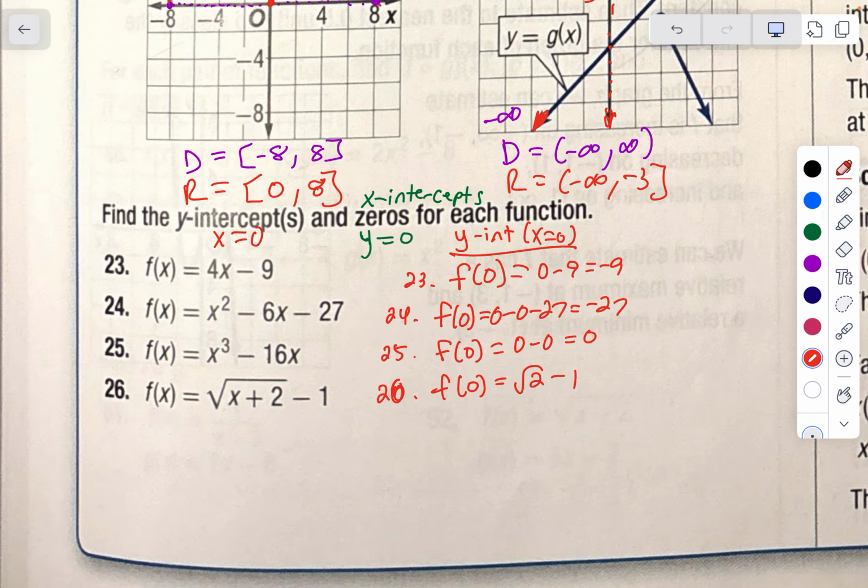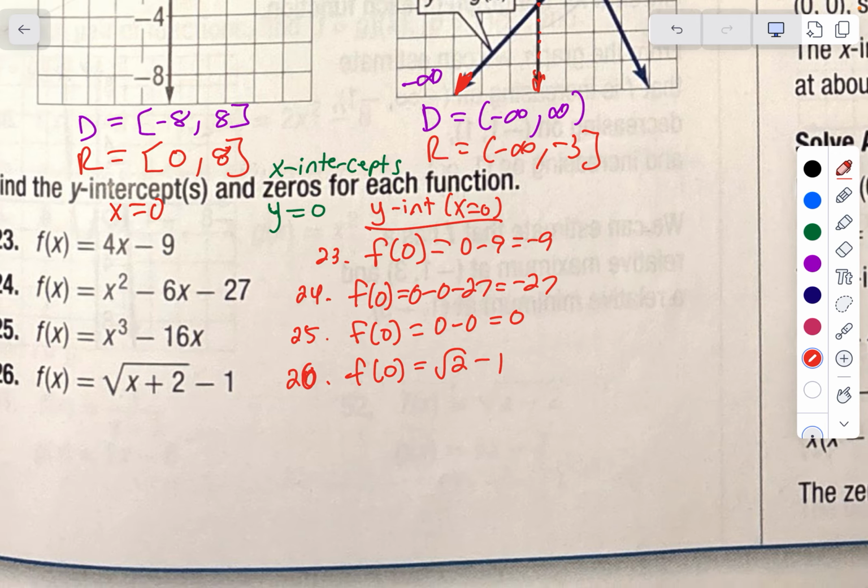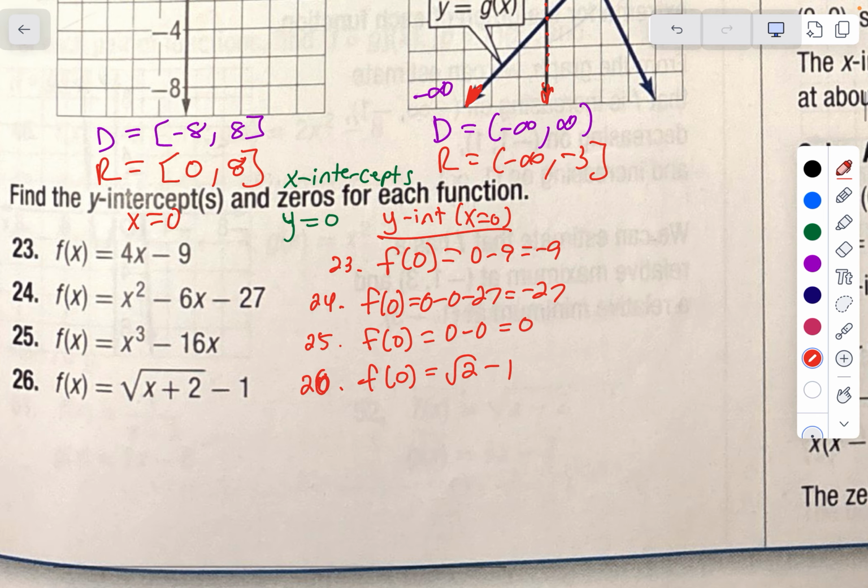Now, I don't know what the square root of 2 is mathematically. I mean, it's like 1.4 or something. But who cares? Just leave it like that. That's the exact answer. Don't worry about simplifying or anything. It is what it is, okay? So y-intercepts are wonderful. You just plug in 0, you do the math, you stop. It's an input. You don't have to do anything else.